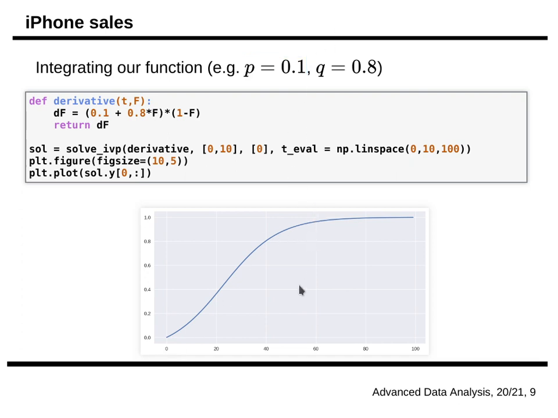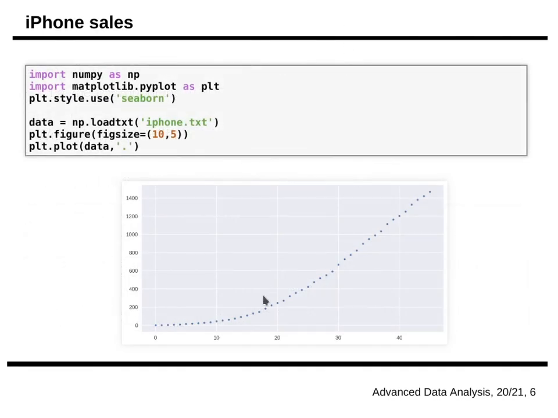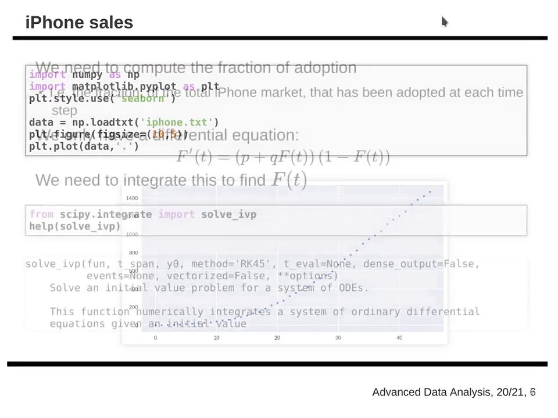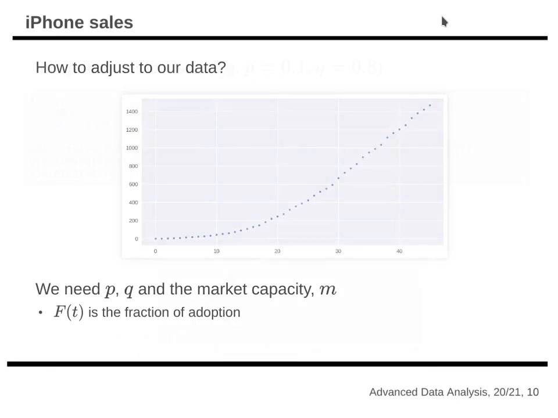And another thing that we need to think is that this is working with fractions of adoption, but our data has actual sales. So these are the sales in millions of iPhones, and we need some way to convert this into a fraction by assuming some value for the market cap. So we need to have these three parameters.